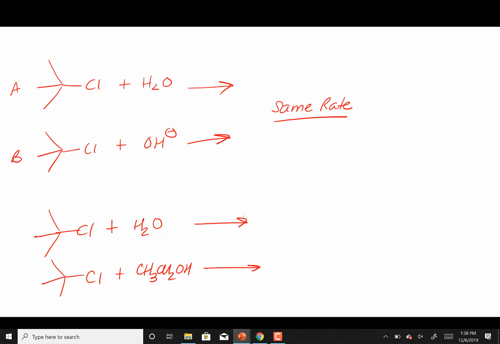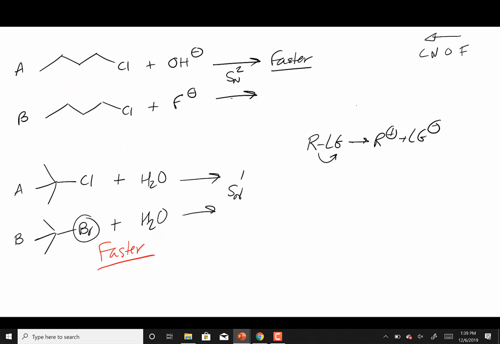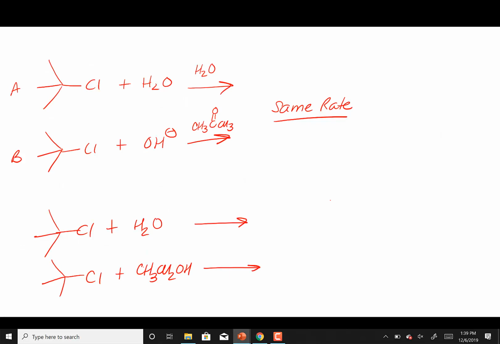Let me modify the top reaction. Let's say I do the first reaction in water as the solvent, but let's say I do the second reaction in acetone. So it would have the same rate. So it's going to have the same rate with no solvent issues.